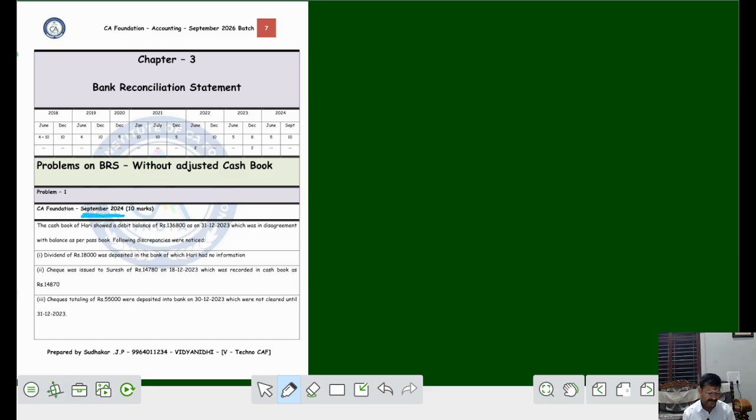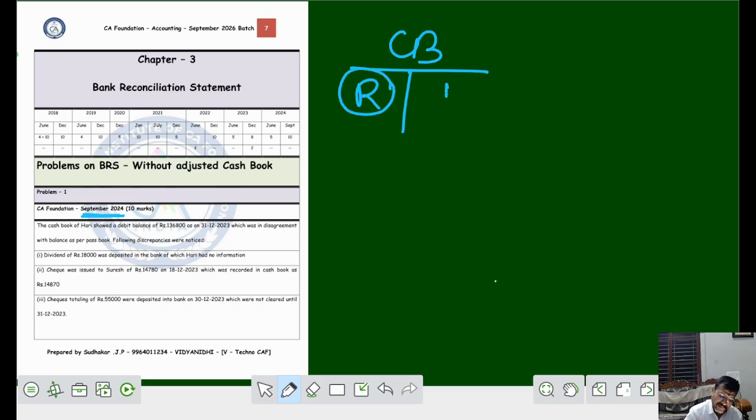It was for 10 marks. Before starting this, let me explain one concept: when the cash book is given, on the debit side we have receipts, and on the credit side there are payments.